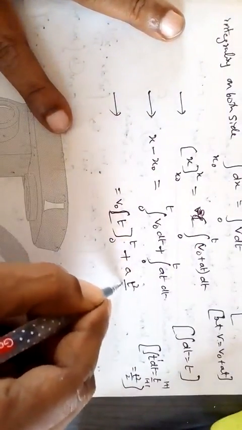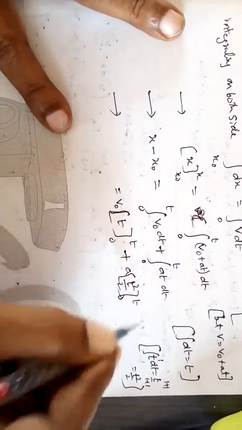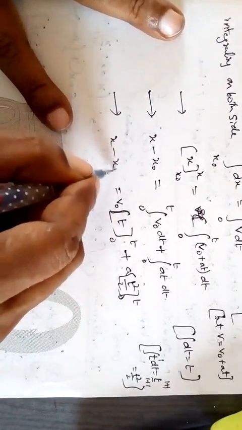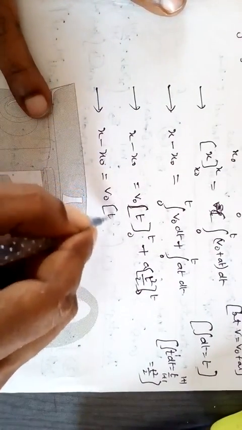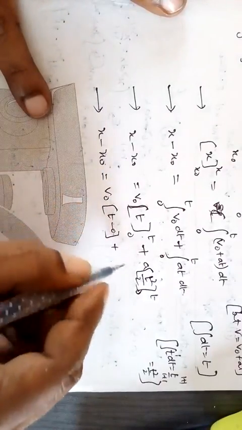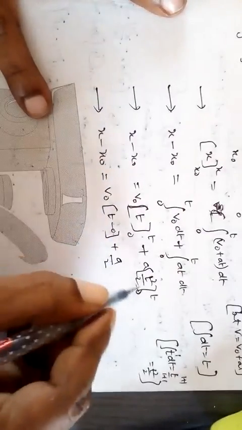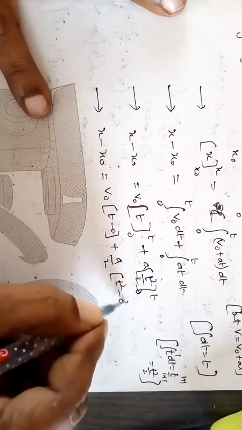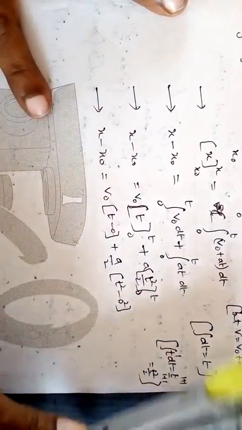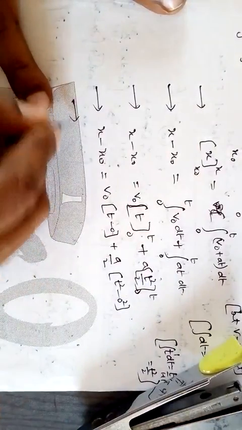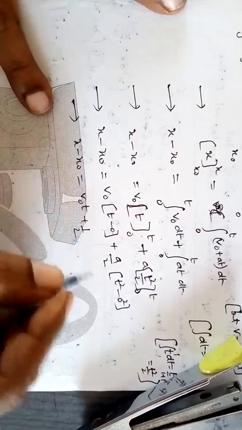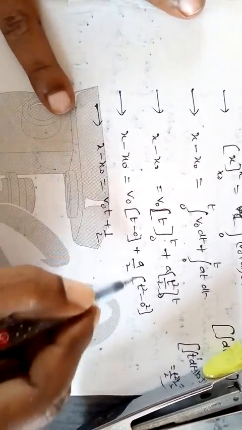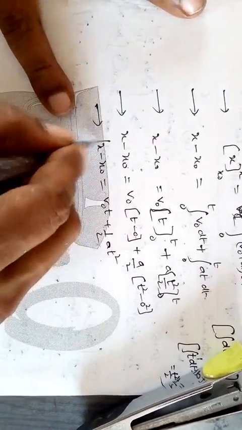So t square by 2, limits 0 to t. Here x minus x0 equals v0 into t minus 0 plus a by 2, with a by 2 taken outside, into t square minus 0 square, first upper limit minus lower limit. This implies x minus x0 equals v0 t plus half a t square, that's all.